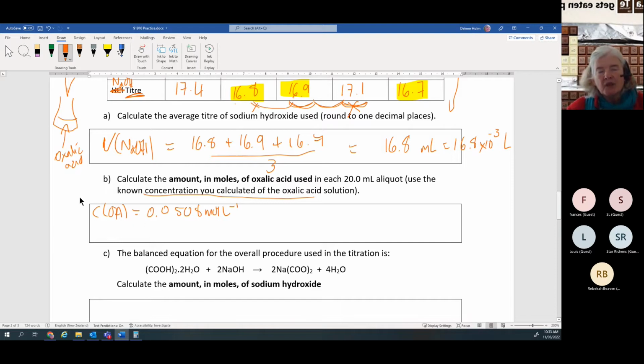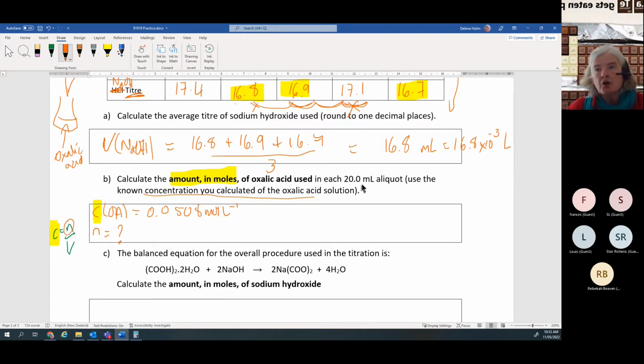Now, again, go to the top, work out what equation you're going to be using. And the one will be C is equal to N over V because it's got C in it and you've got to calculate C. So you know you've got to choose that one. You are also told to calculate the amount in moles, which is another reason why you choose this one.